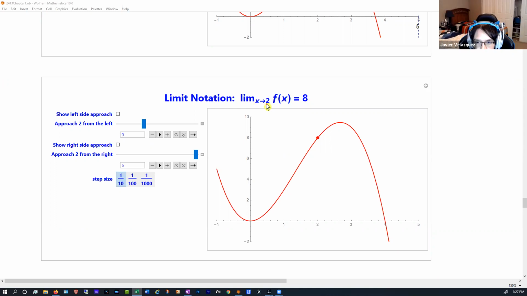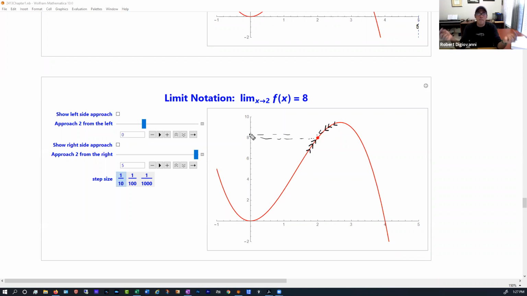The answer is 8 because on the left side, it approaches the y value 8, and from the right side, it also approaches 8. That's right. So from both sides, it's headed to the same place, so the answer is going to be 8. Good.